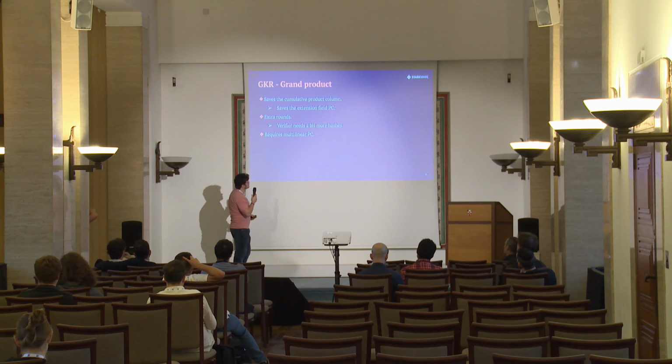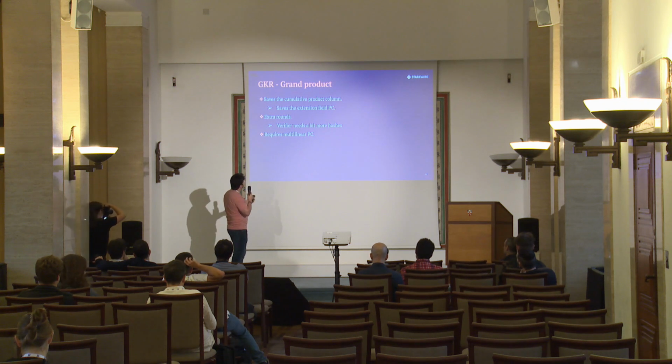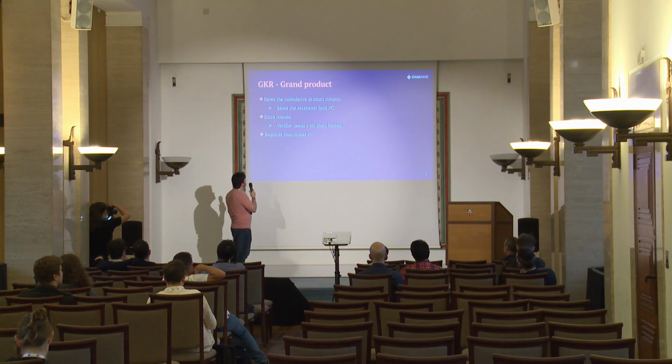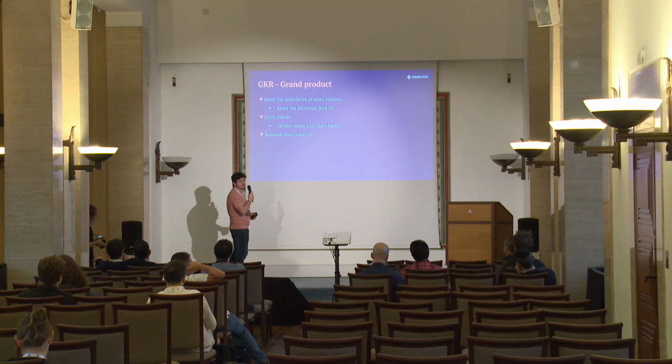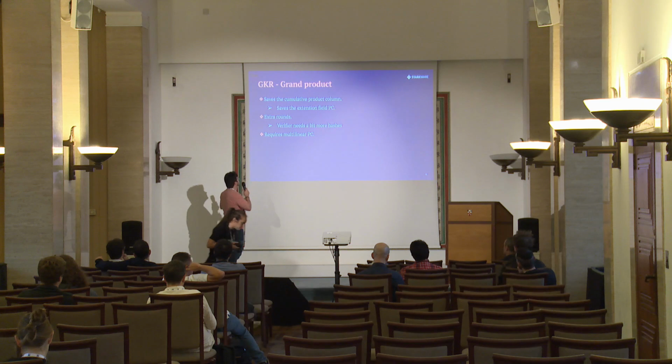All right. What's nice here is that we don't need the cumulative product column at all, like we had at the beginning. This saves the need for an extension field polynomial commitment, saves a lot of commitment pressure. We do have extra rounds, so we need to pay attention to that.